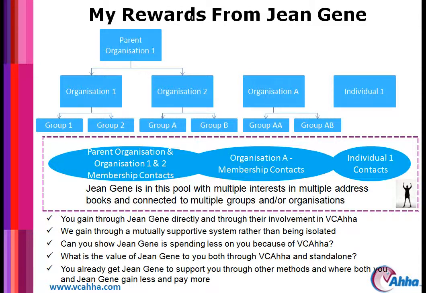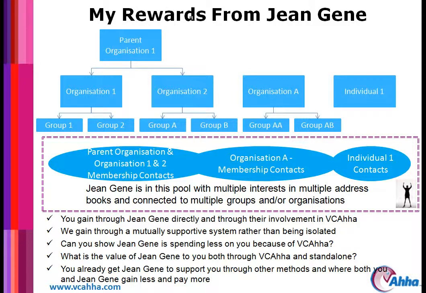If you're gaining as part of a mutually beneficial system, why should somebody gain at the expense of Gene? They shouldn't. And if you look at what we can provide compared to many others, Gene is getting a much better deal by using our service than theirs.